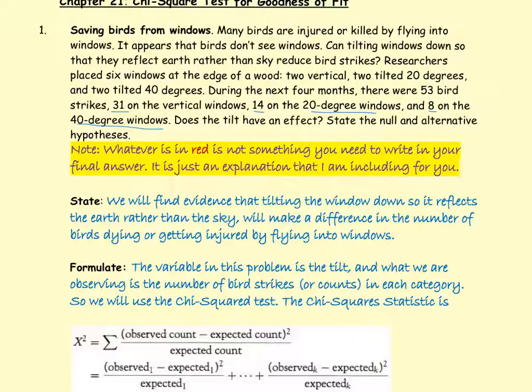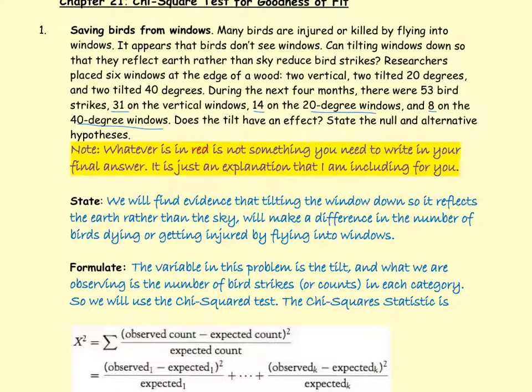Now, what they're trying to see is if tilt actually affects the number of bird strikes. Just by looking at the numbers, it seems like there were a maximum number of strikes in the vertical window and minimum number of strikes in the 40-degree window. But just by observing that, we cannot scientifically make any sort of conclusions.